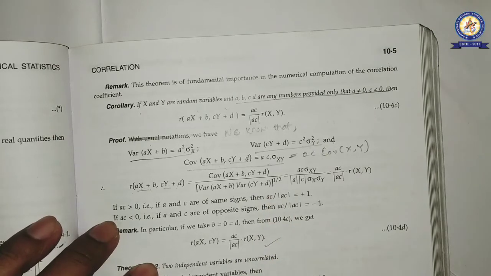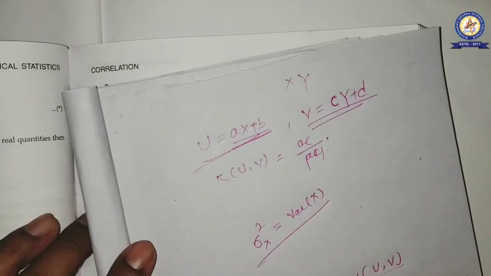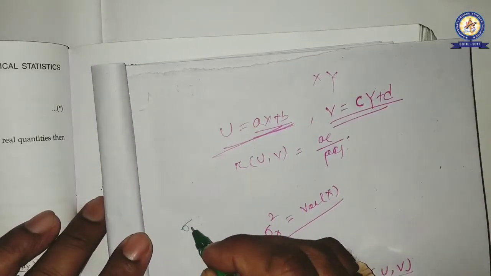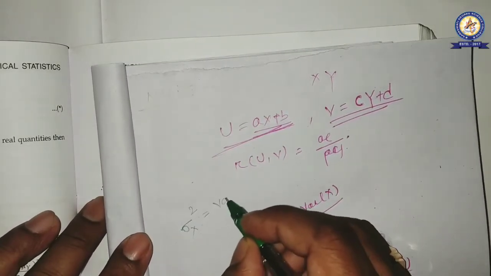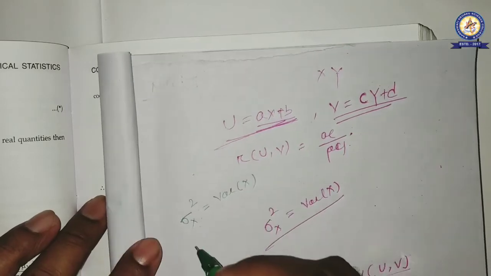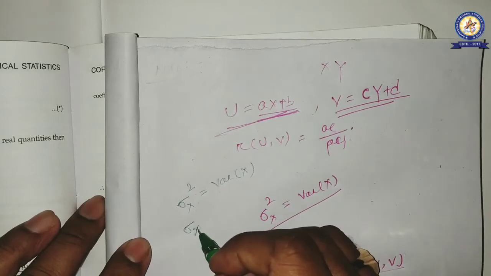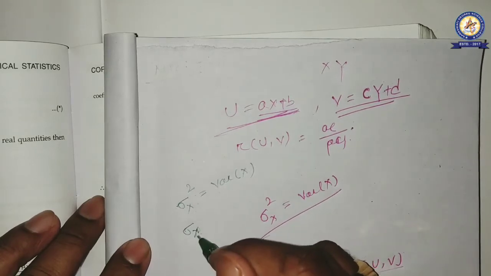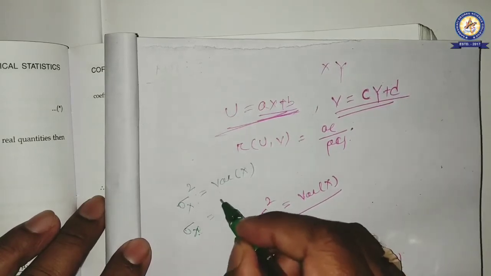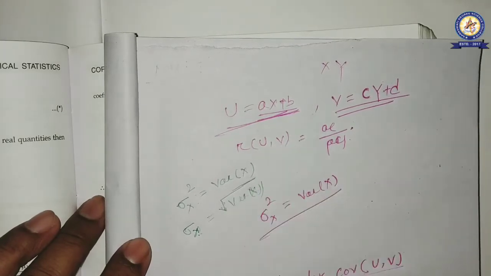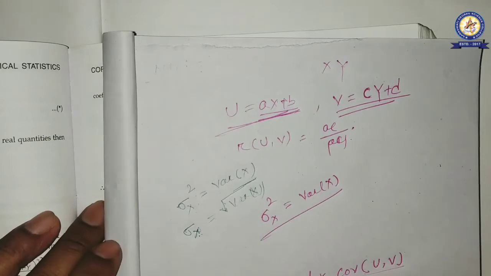See, we know that sigma x square is your variance of x, and sigma x is your standard deviation of x. So the standard deviation of x, sigma x, is nothing but the root of the variance of x. We can write the root of the variance of x, right?